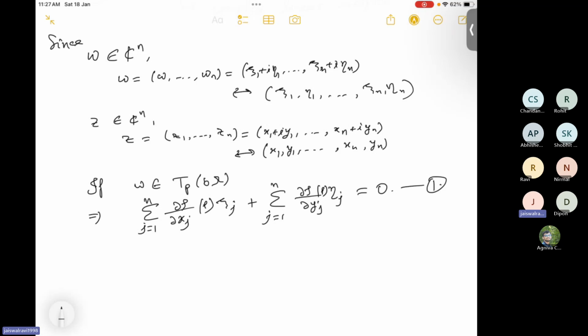complex form. For that we'll define del by del zj and del by del zj bar, which I think Agniva defined in his lecture series.